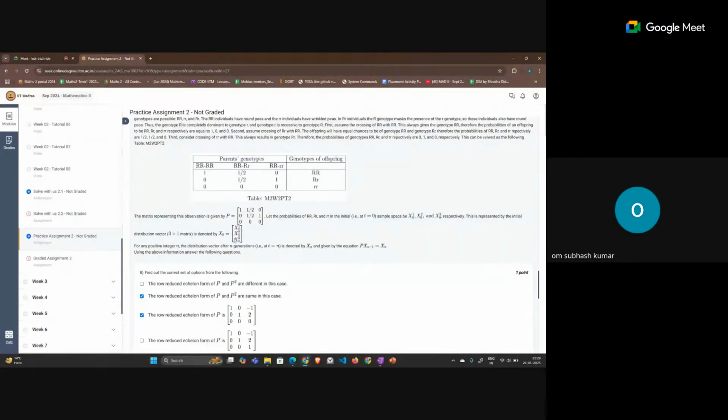This is actually this 3 cross 1 matrix, which is B, which is given here, and this is the coefficient matrix, which is P. There are three variables. This subscript 0 means it is the initial state at time t equal to 0. Understood? Yes, sir.